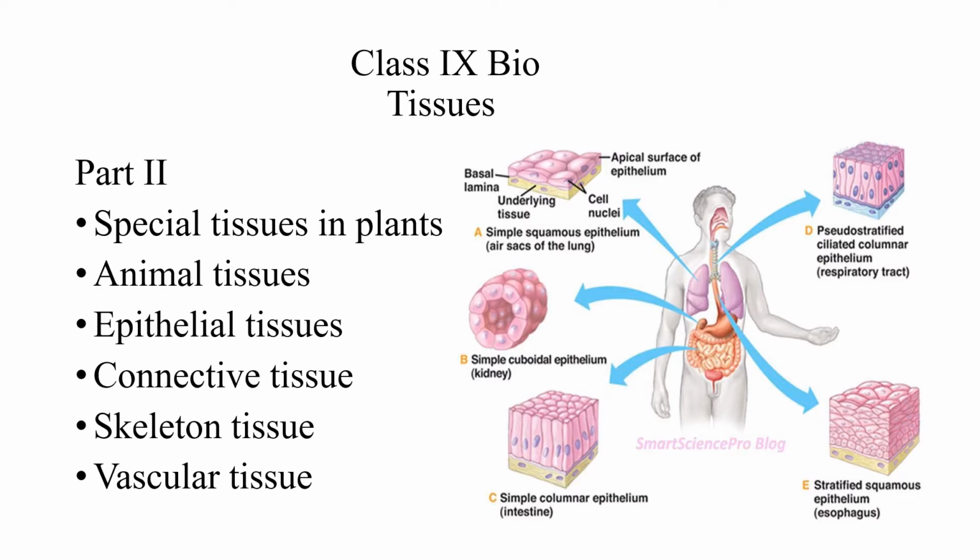Different types of animal tissues: epithelial tissues, connective tissues, skeleton tissues and vascular tissue. All these subtopics we are going to see in this video. See this diagram of the human body, it shows where which type of tissues are found.